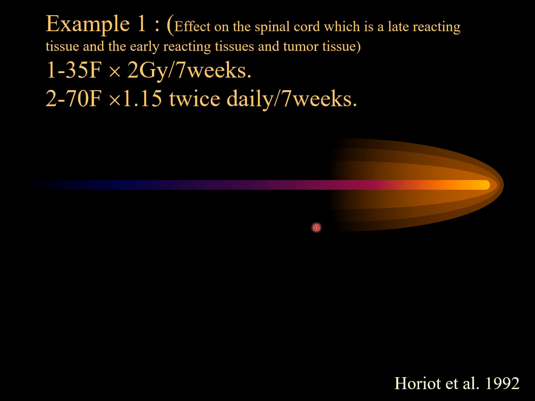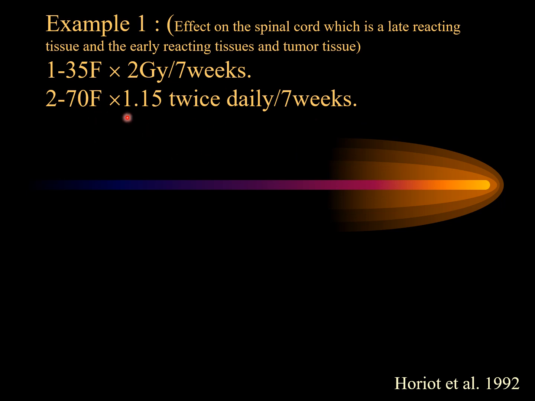This is a very practical example. This was an EORTC trial in head and neck cancer, and there were two arms in this trial. One arm used 35 fractions, 2 gray per fraction, which will give us a total dose of 70 gray. And the second schedule, the second fractionation, used hyperfractionation, 1.15 gray twice daily for 7 weeks, and the total number of fractions was 70 fractions.